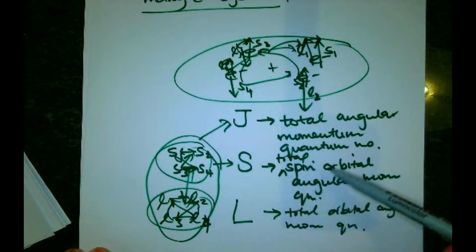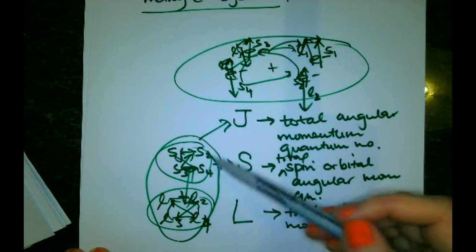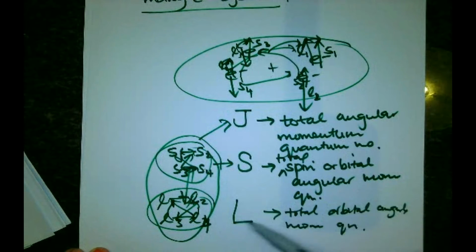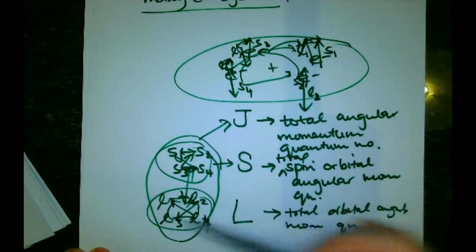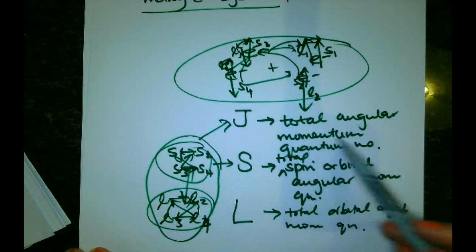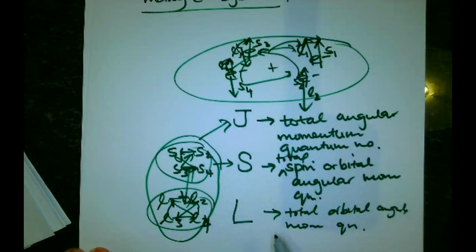Uppercase S, total spin angular momentum, the effect of all the individual spins, all the lowercase s's. L, the combined effect of all the lowercase l's. And J is the combined effect of all of this, the combined angular momentum being the total angular momentum quantum number.